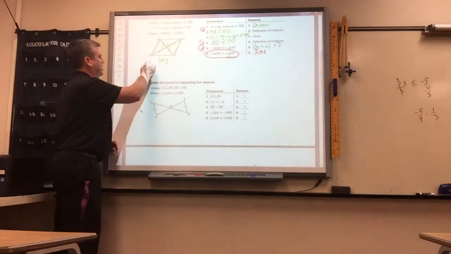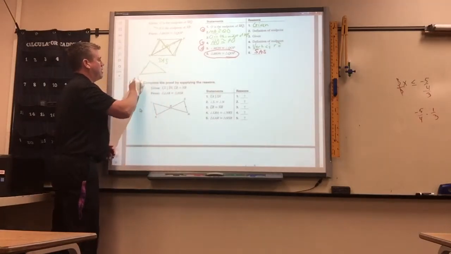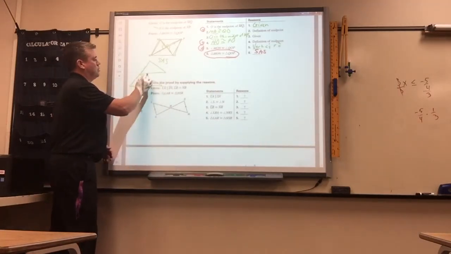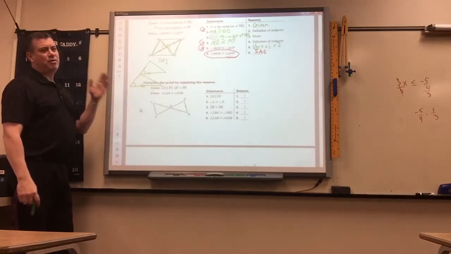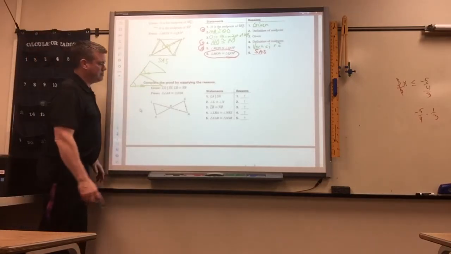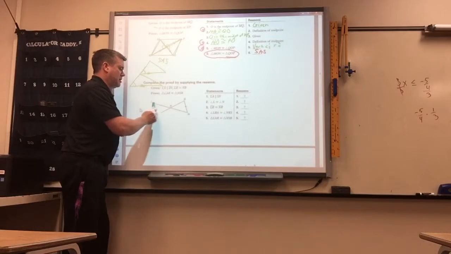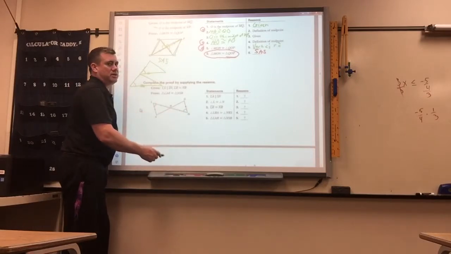That was the one triangle that was like this, where this was parallel to that. So that made these two angles congruent because of corresponding. Every other one has been alternate interior. If this line's parallel to this, this angle would equal that one because they're alternate interior.